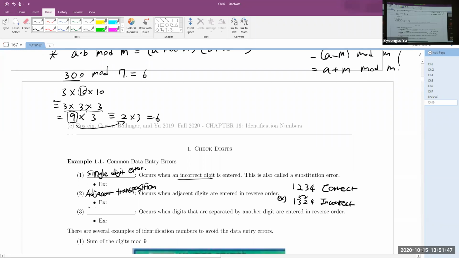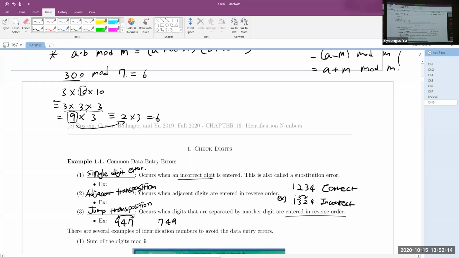And jump transposition means that the digits are separated by another digit and entered in reverse order. So for example, if your number is 947, you can rewrite it as 749, so you transposed 7 and 9, right?